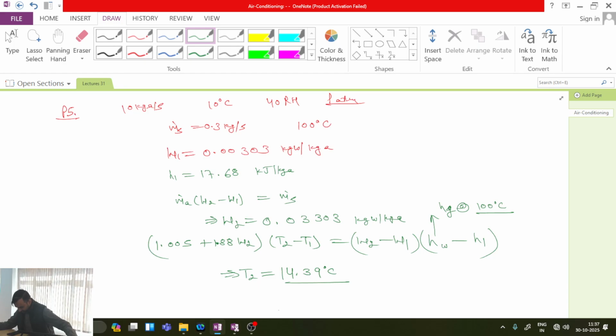In problem 4 you calculated T2 from H2. From this equation.